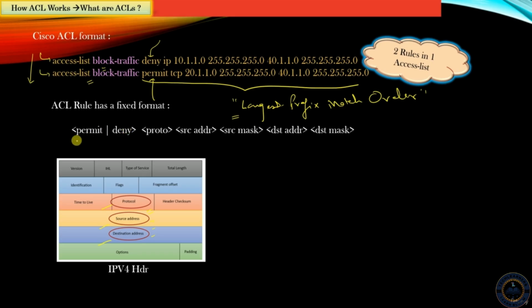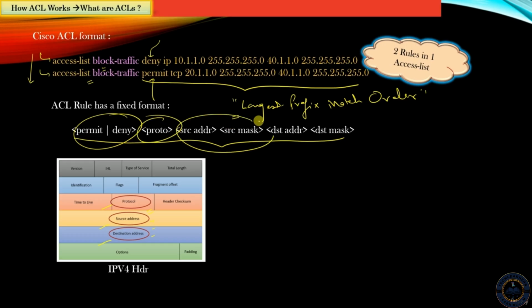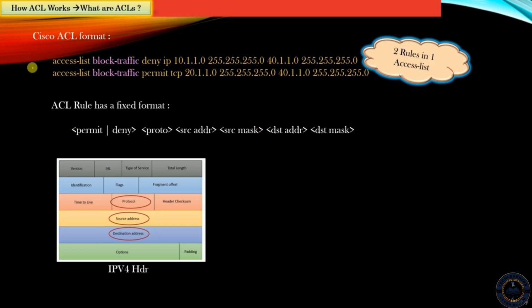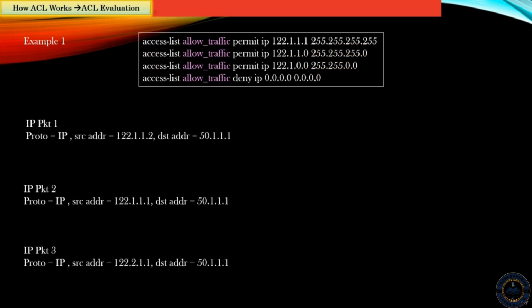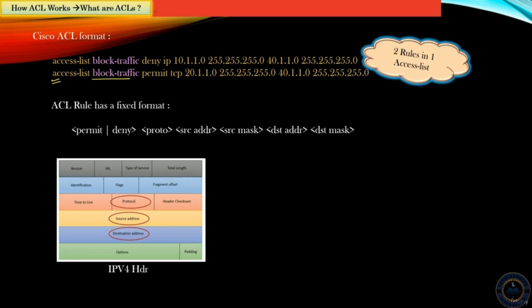And every ACL rule has a fixed format: permit followed by protocol, followed by source address and mask, followed by destination address and mask. The access list has a name, and an access list is a collection of ACL rules. In the next lecture video, I will show you how the parameters from the IP header of the packet are evaluated against the access list.